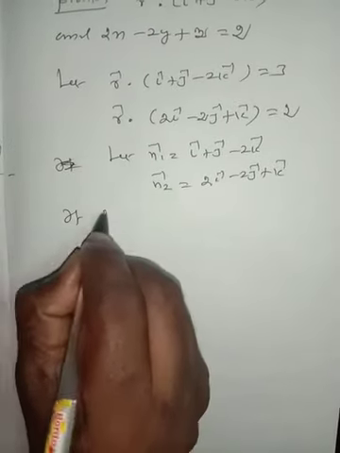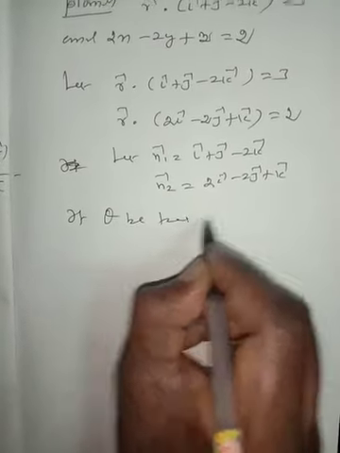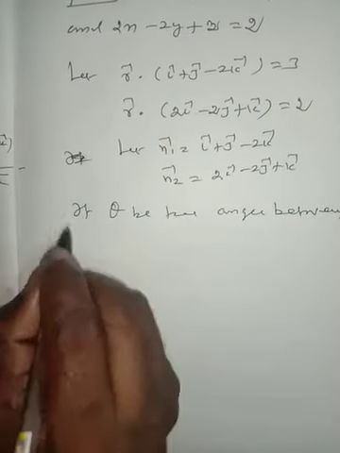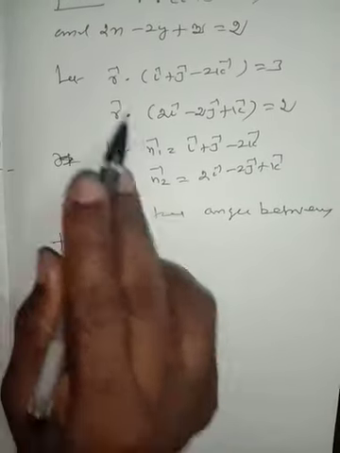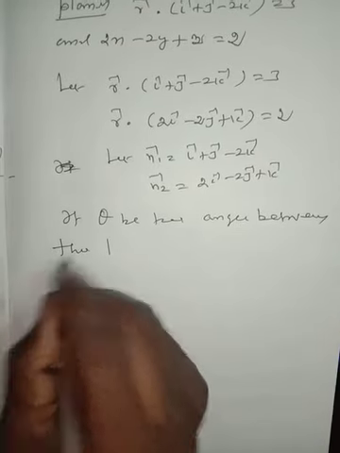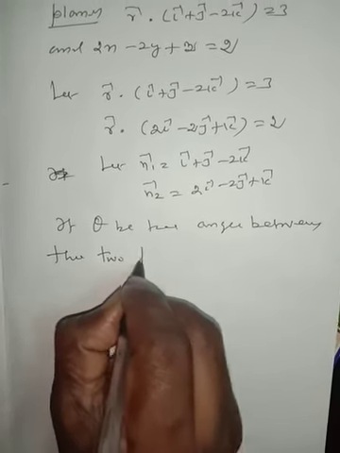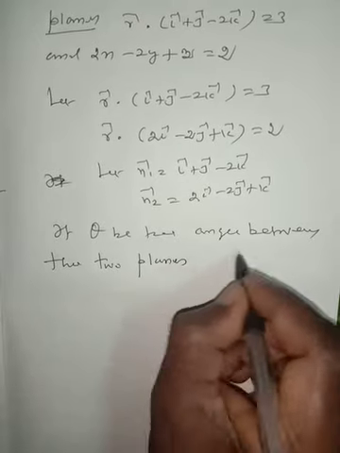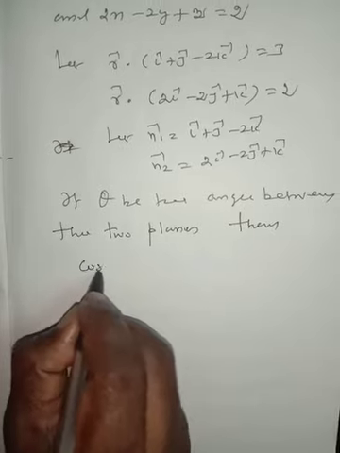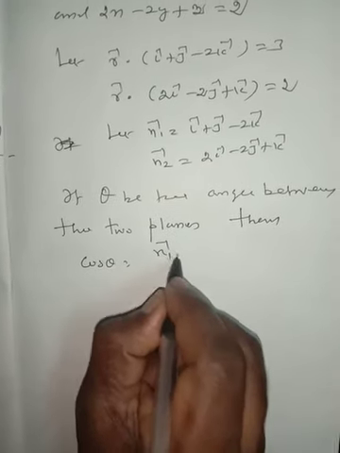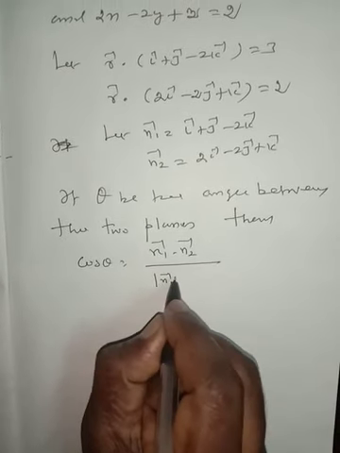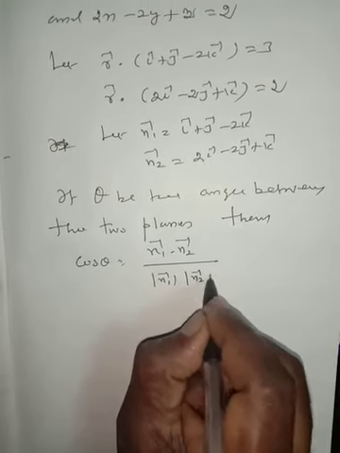If theta be the angle between the two planes, in this case two planes are given, then cos theta is equal to n1 vector dot n2 vector divided by magnitude of n1 vector times magnitude of n2 vector.